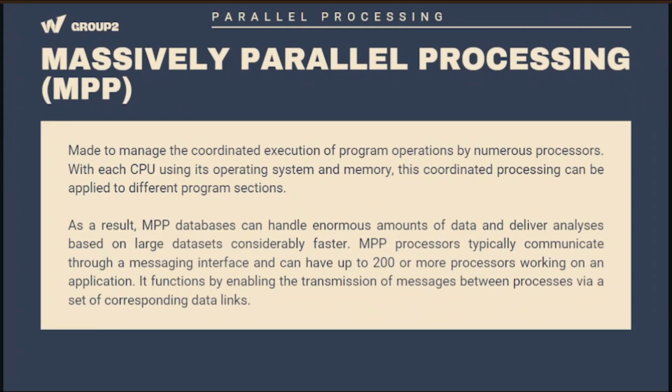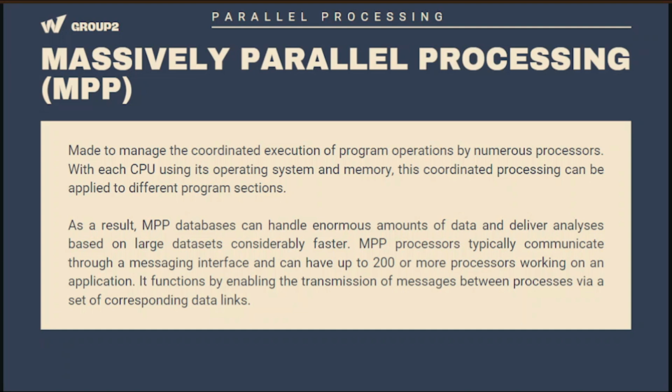And the last one is MPP, or massively parallel processing. It is used to manage the coordinated execution of program operations by numerous processors, with each CPU using its own operating system and memory.